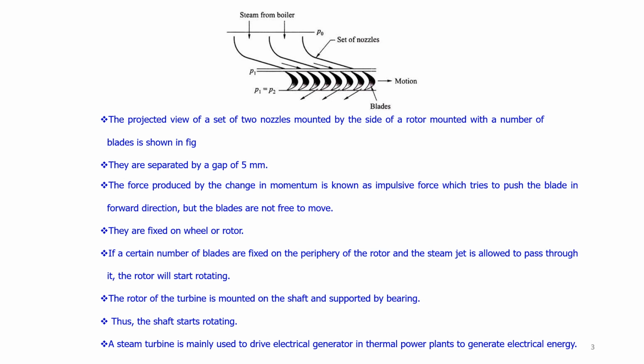The force produced by the change in momentum is known as impulsive force, which tries to push the blade in the forward direction, but the blades are not free to move, as they are fixed over the rotor. So it will make the rotor also rotate. The rotor is connected to the shaft, so the shaft is rotating and the shaft is connected to the power generator, and we are getting the power source.